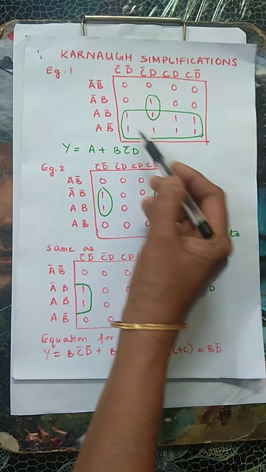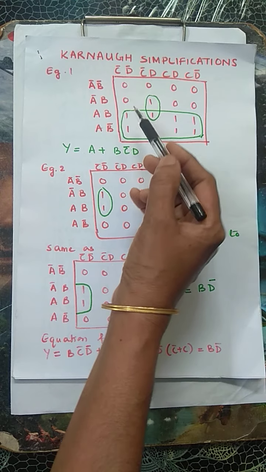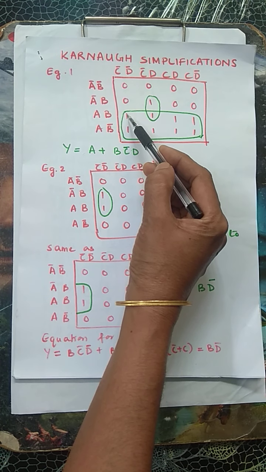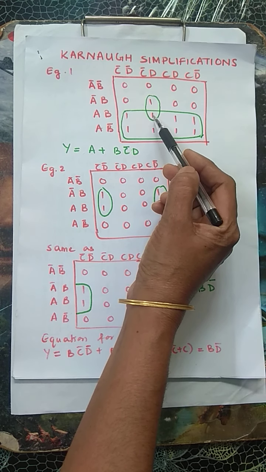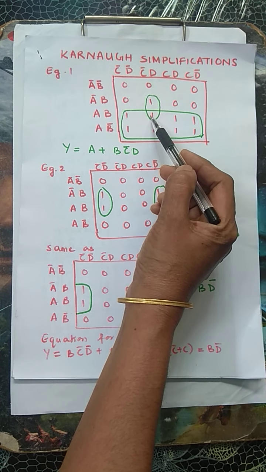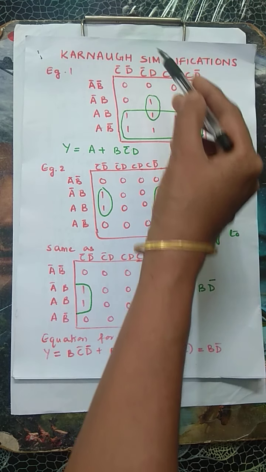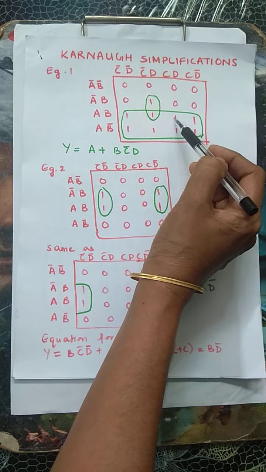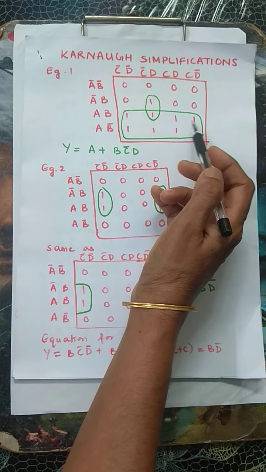Similarly, you look at this octet. In this group, look at whichever input is changing sign. Here you see B is changing to B complement, C complement is remaining the same, and D complement is here, D is here. So D can be eliminated, and here you see C complement and C are coming when you take the product. So you can eliminate B, C and D inputs.